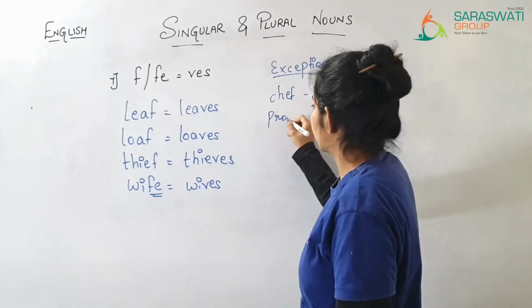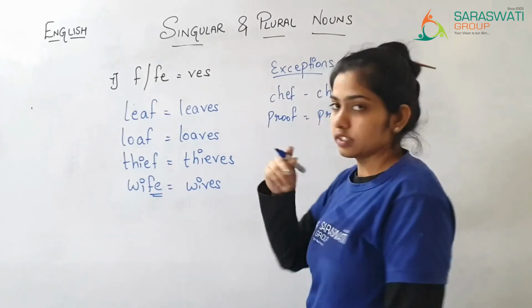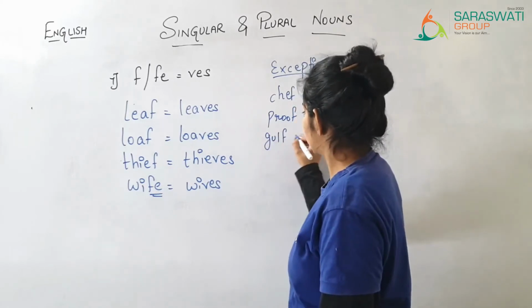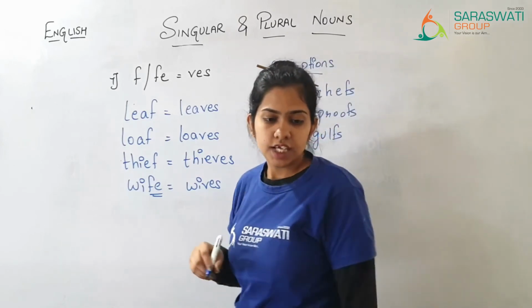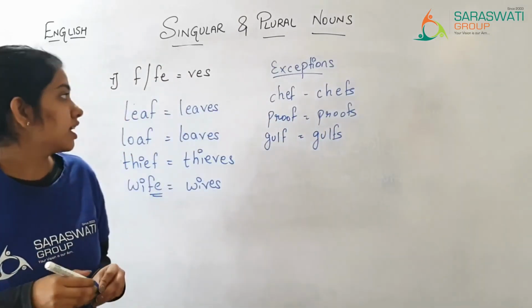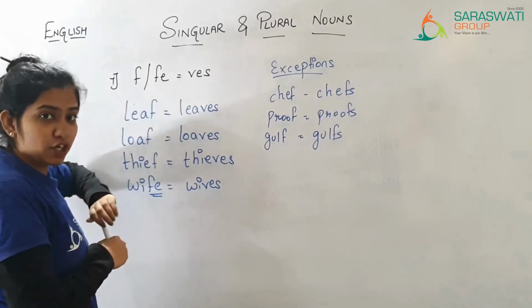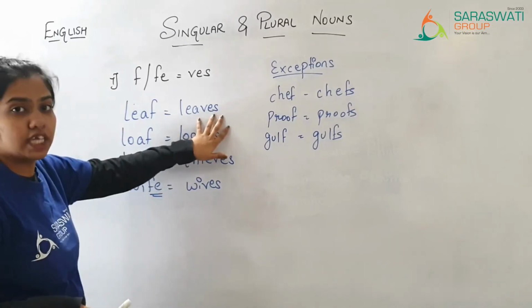Proof, proofs. Then gulf, gulfs. So students, as I told you, where the word ends with F or FE, we are cutting F or FE and adding VES.